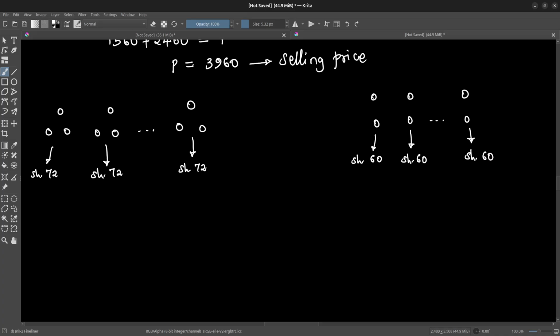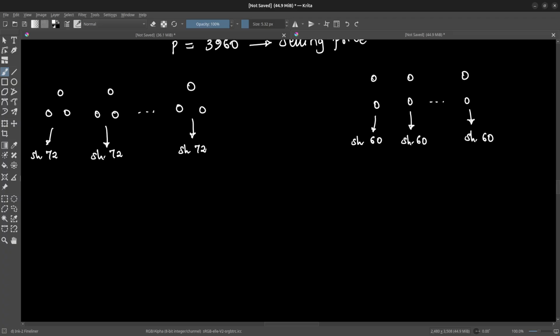Now let's assume that the total number of the 3 batch pineapples, all of them, was X, right?